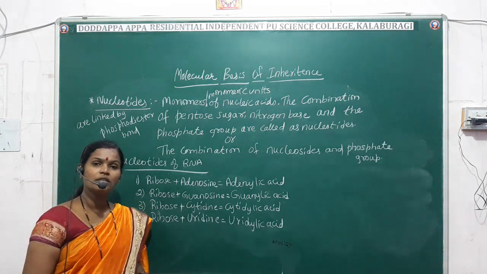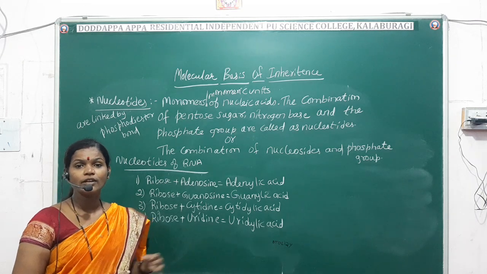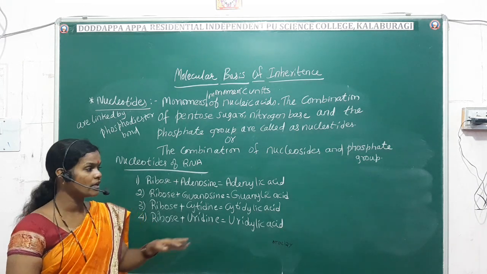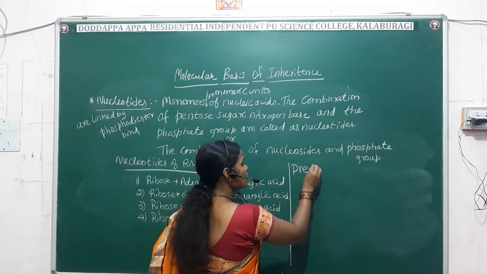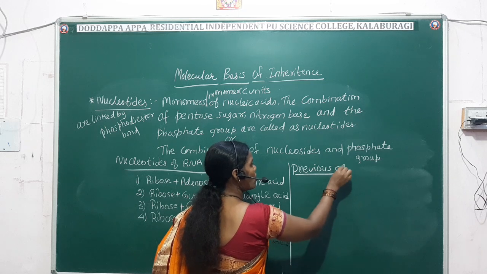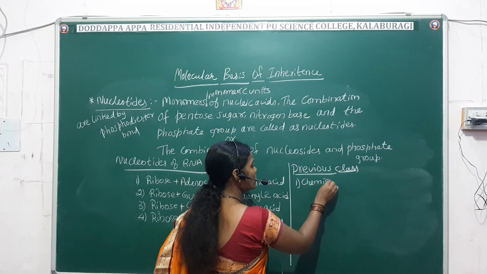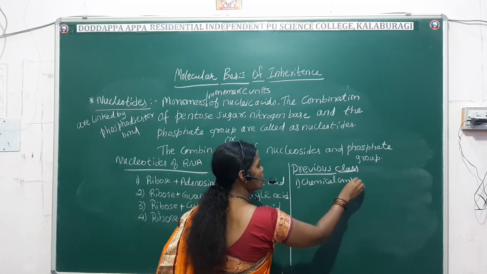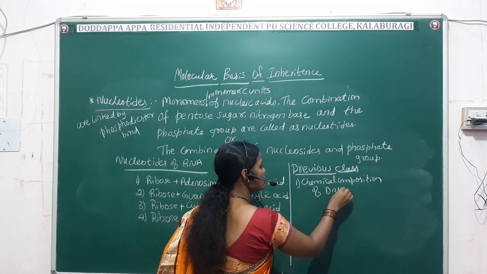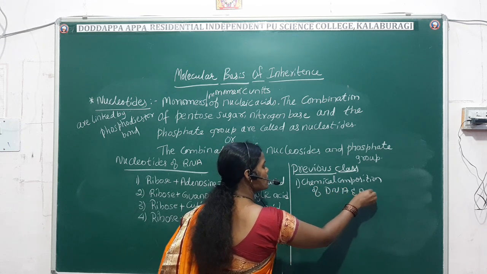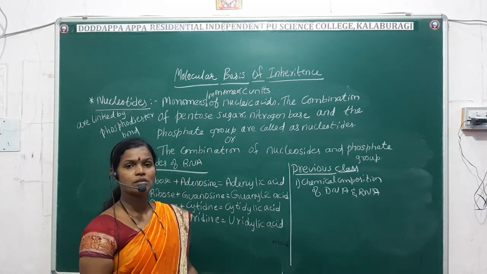Students, we have seen the nucleosides and the nucleotides. What is the use of reading all these chemical compositions? In the previous class you saw the chemical composition of DNA and RNA, and all the chemical structures. Why do you have to see all these things?